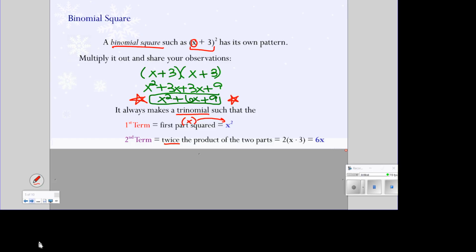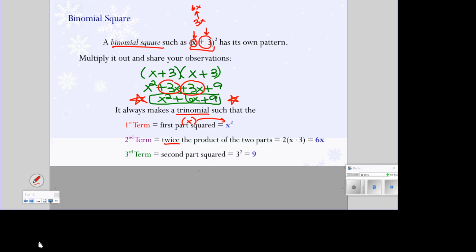So a way to get that part that always repeats here in the middle, that 3x repeating, is to take the x, which is the first part, then take the positive 3, which is the second, multiply them together, and then double it. So it's twice the product of the two parts, 6x in this case.